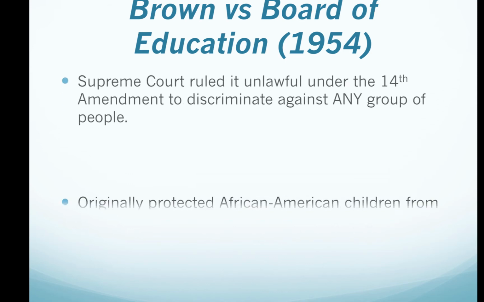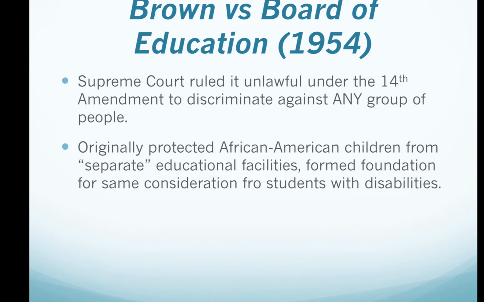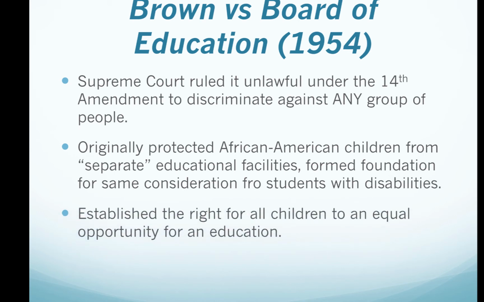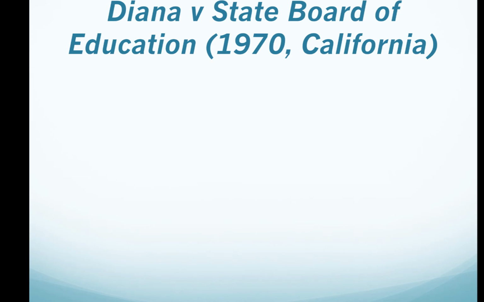So here we go. It was the 14th Amendment, which originally protected African American children, and it's an anti-discrimination civil rights law. The next one is Diana versus State Board of Education, a 1970 case.